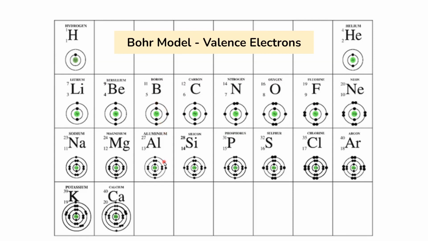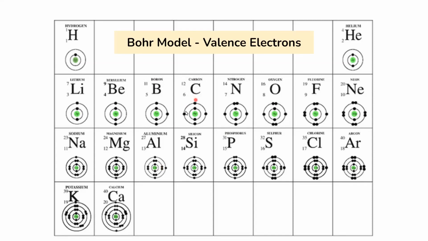Go down one period, and aluminum, still group 13, has added an extra orbital, but yet still has 3 valence electrons. So far the pattern is group 1, 1 valence electron, group 2, 2 valence electrons, and group 13 has 3 valence electrons.